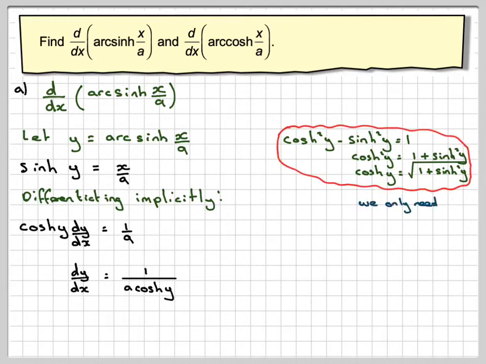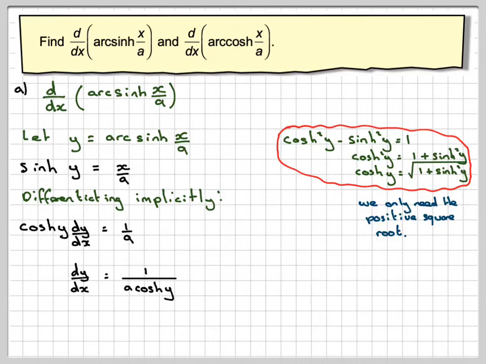Now we only need to consider the positive square root because the gradient is always positive for both arccosh and arcsinh.